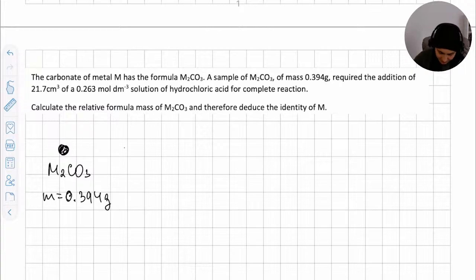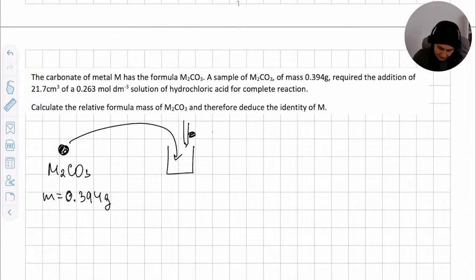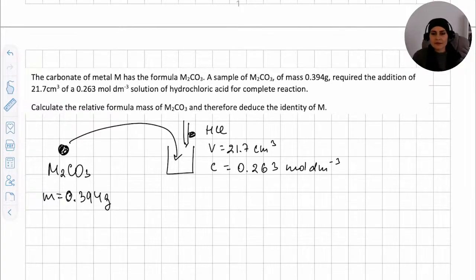So let's say they take it and then titrate it with HCl. And we know everything about HCl. We know its volume and we know its concentration.